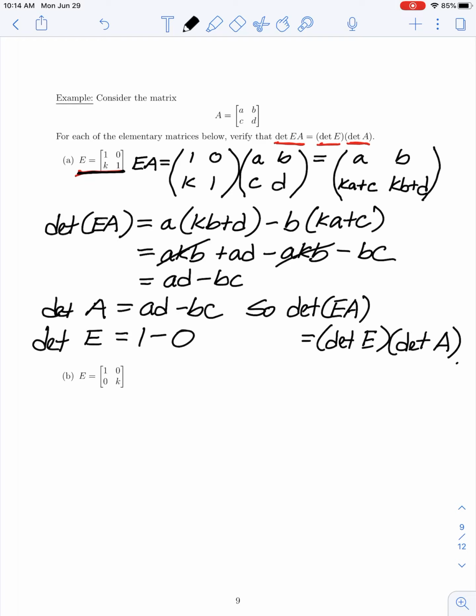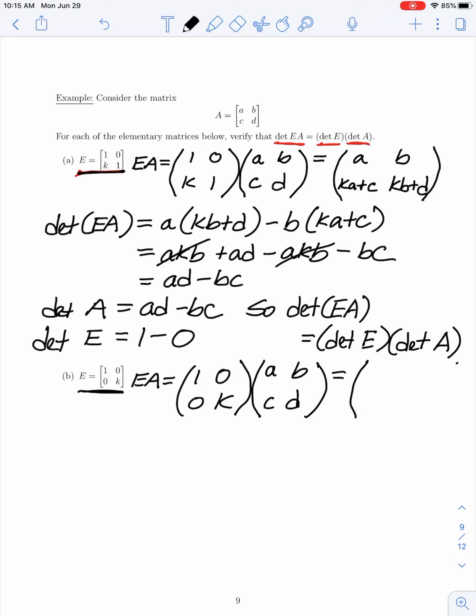So let's look at the same sort of problem in part B. We have the matrix E, which is [1, 0; 0, k]. So that's formed from the identity matrix by multiplying the second row through by k, which corresponds to an elementary row operation. So let's start by finding the product of E times A. That is [1, 0; 0, k] times [a, b; c, d].